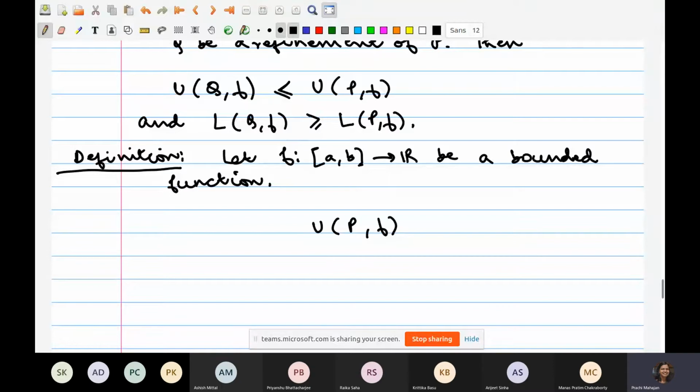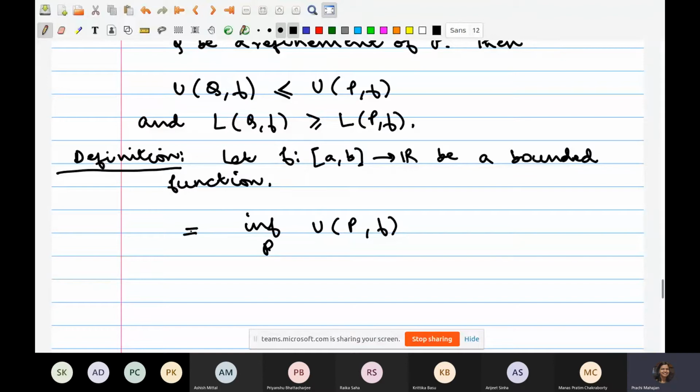So the upper sums contain the entire area below the graph of f. And the second thing is, as we add more and more points, the upper sums decrease. That means that you get a better and better approximation to the area under the graph of f. So keeping this in mind, you define this quantity as the infimum.